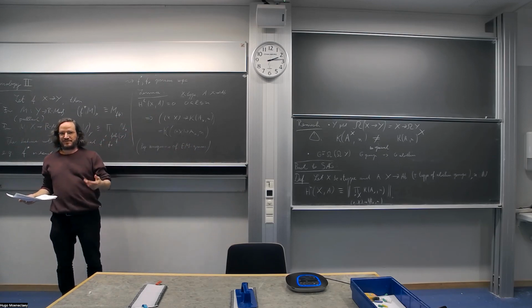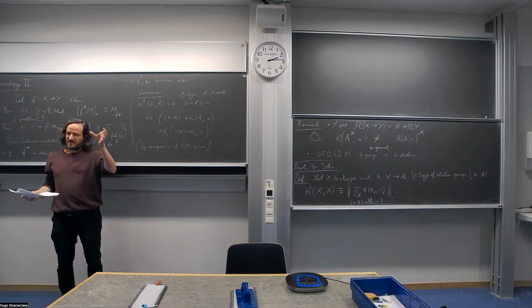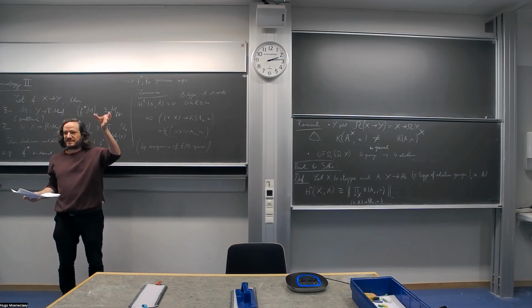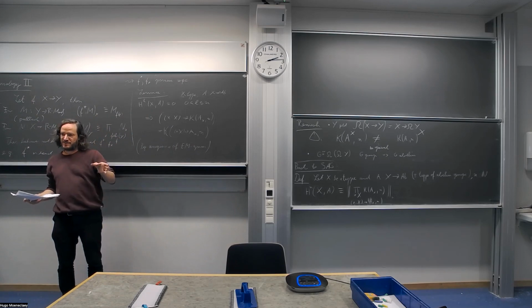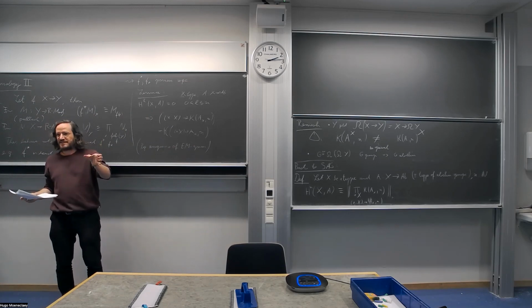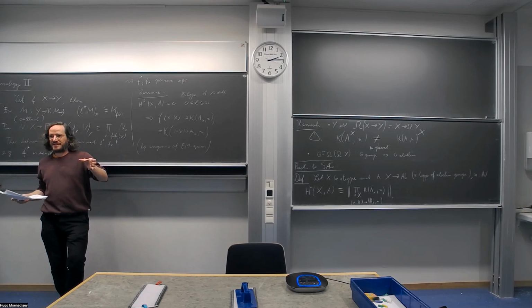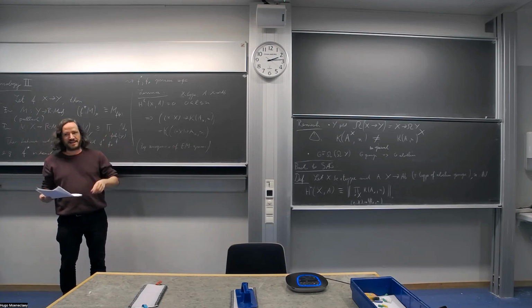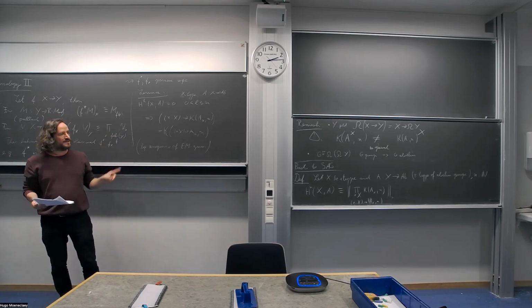And for example, if you have a one-step de-looping and you have some space which is pointed and its loops are a given group, and you already know it's a one type, and if you also know it's connected, then it's already unique. And there's something similar for higher levels, and that's where this comes from.